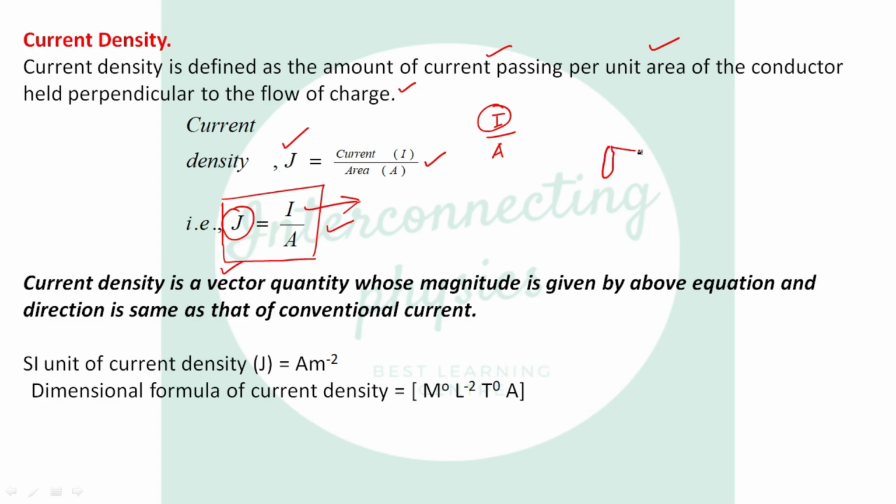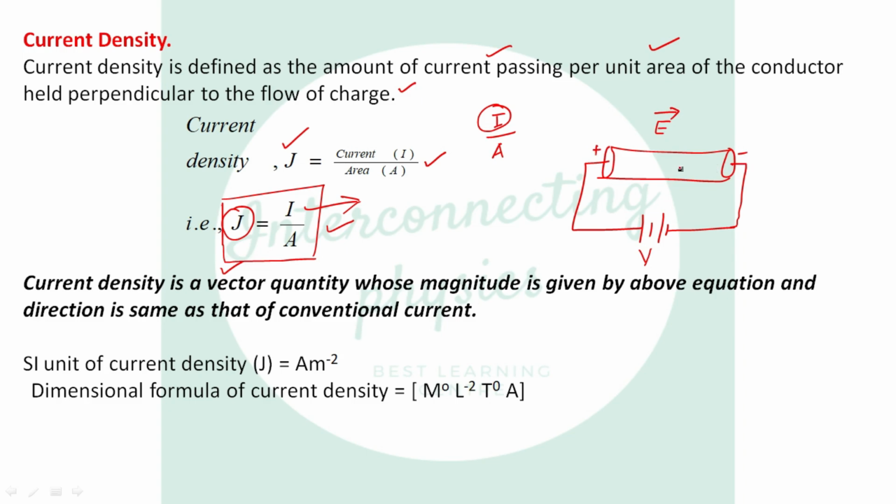Suppose we have a conductor and a voltage is set up across the ends of the conductor through a battery. Let us say this potential is V. Now this end is positive, this end is negative, and the electric field set up is E vector, which is from positive to negative.